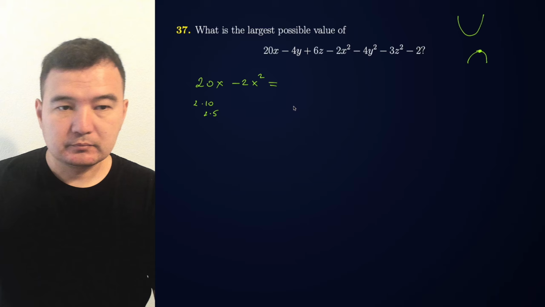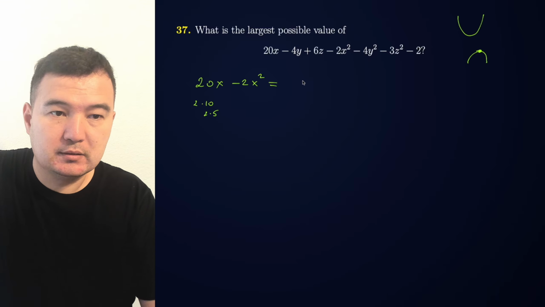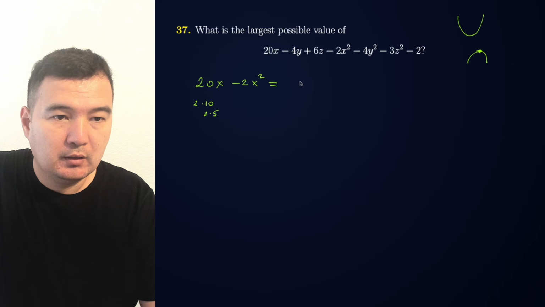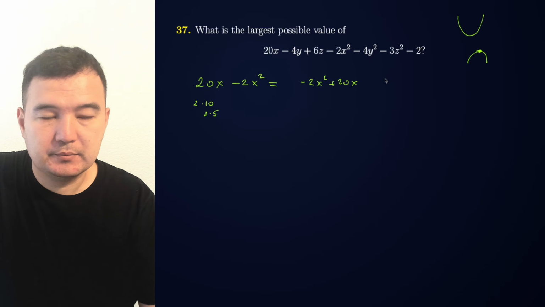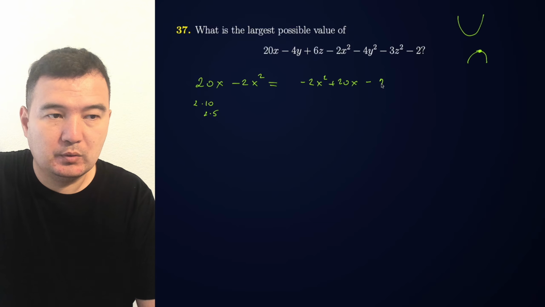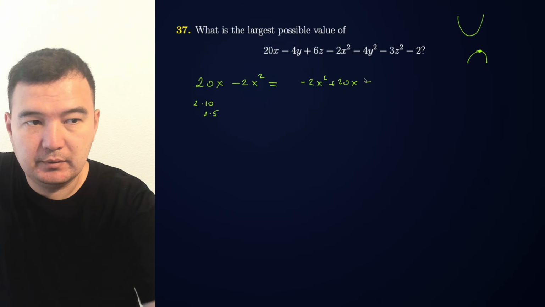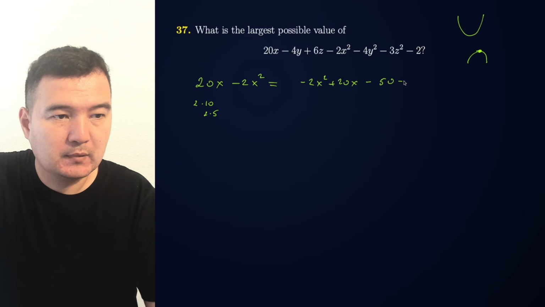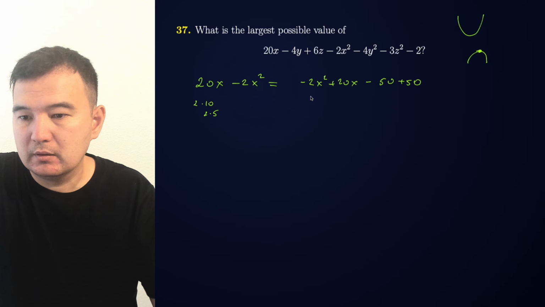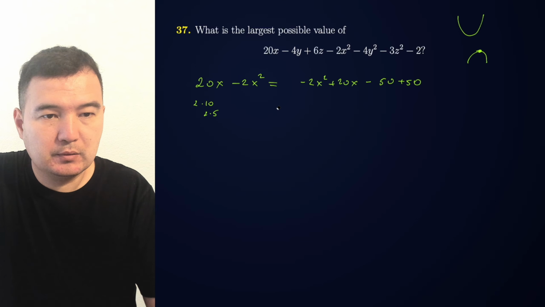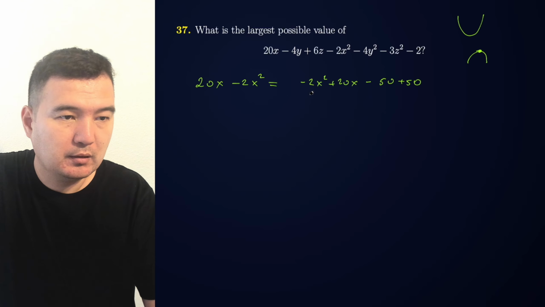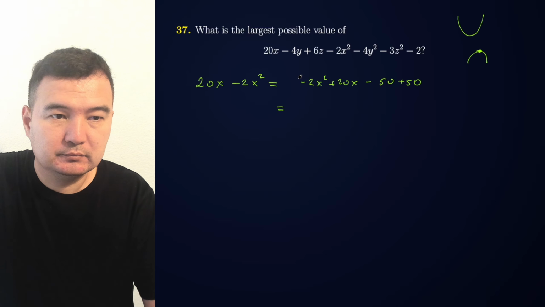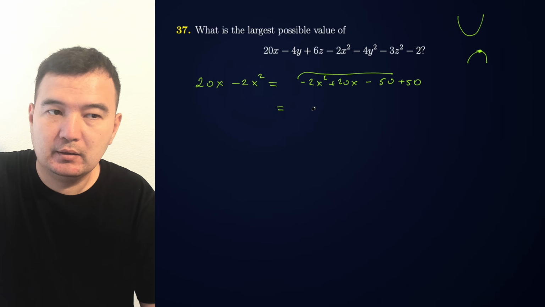I'm going to write it as the following, so you'll see why in a moment. I'm going to write this: minus 2x squared plus 20x minus 50 plus 50. You can think about why it's 50 and then try to come up with a similar number for the other variables.